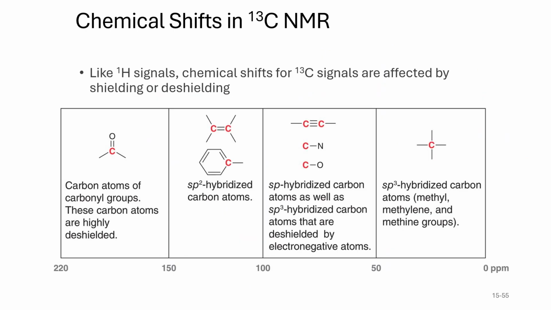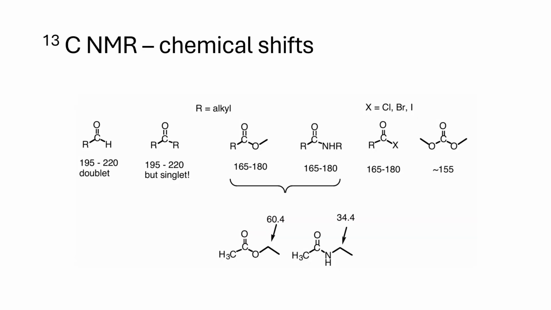That table you will have, so notice where the bands are. But again, it's very similar to proton. These are the most shielded, but anything like oxygen or nitrogen will move it downfield. And this is alkenes and aromatic, somewhat similar to protons. And these are the most shielded portion of the spectrum.